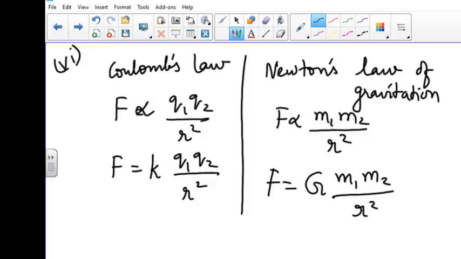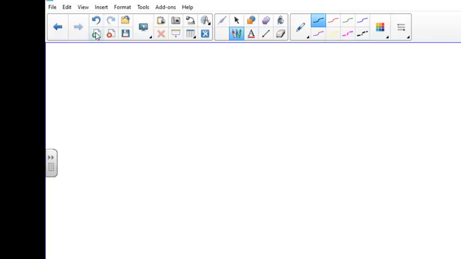And in both the cases, the force is inversely proportional to square of the distance. So we are going to compare this Coulombic force and the gravitational force. In a 3-mark question or in a 2-mark question, they may ask you the differences between the Coulomb's force and the gravitational force. Let us see how to write the differentiation.